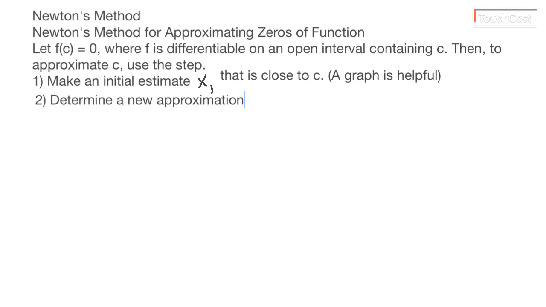The new approximation, x sub n plus 1, so it's our next approximation, is equal to the previous xn, so the previous approximation we had, minus f at xn over the derivative, the first derivative at xn.